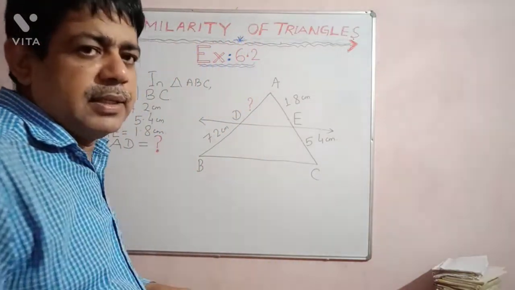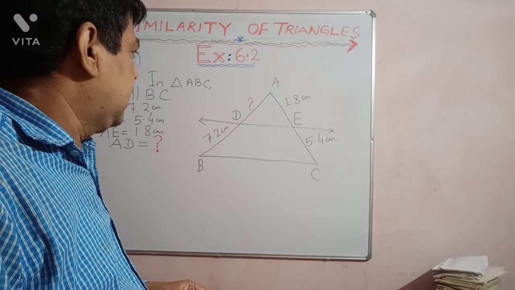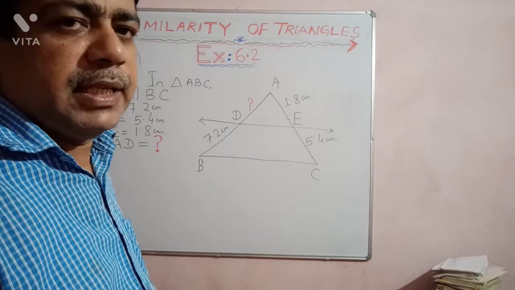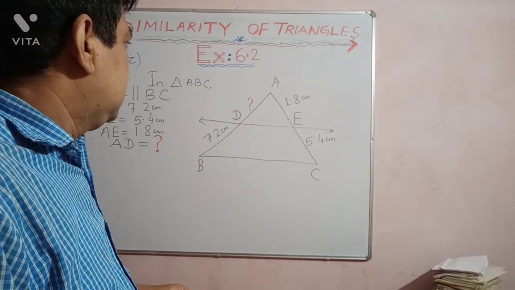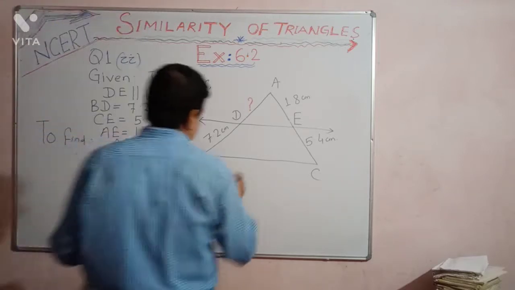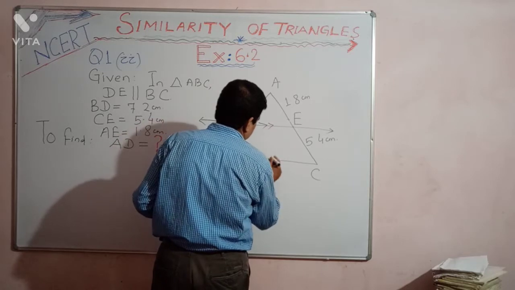Here it is given, in the triangle ABC, DE parallel to BC. Is it clear? DE is parallel to BC.